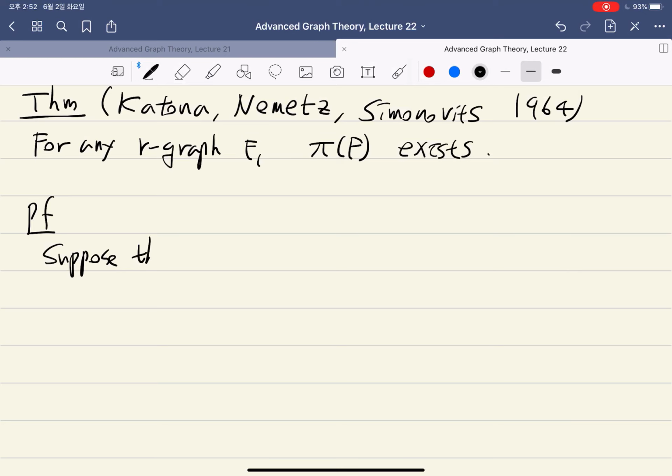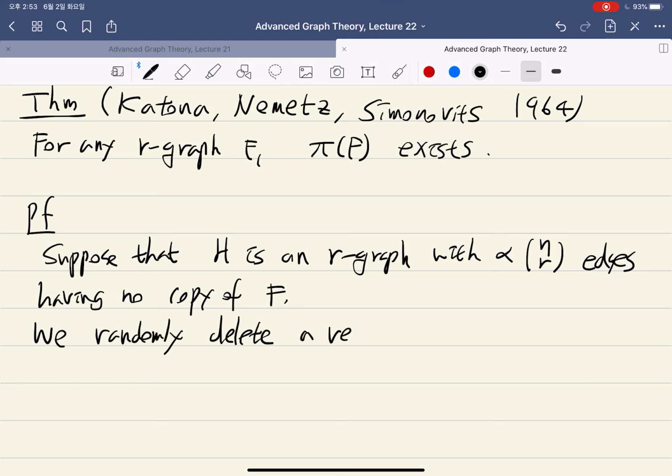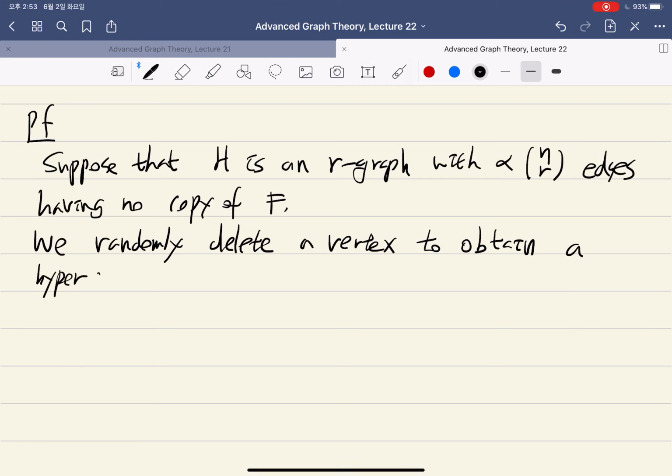So suppose that H is an r-graph with say alpha times n choose r edges having no copy of F. So what we do, we randomly delete a vertex to obtain an r-graph H prime.